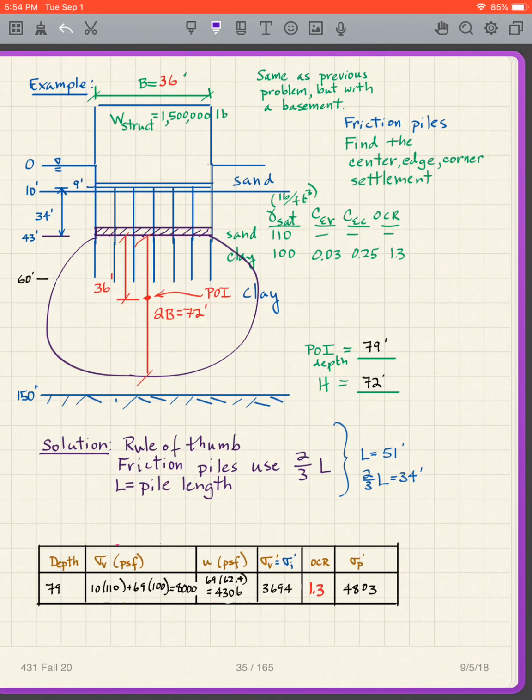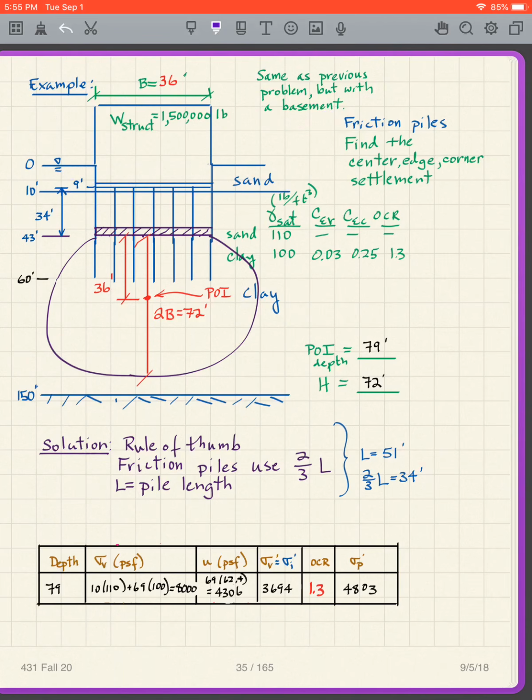Now, the way I want you to do this problem, like I say, when you're in practice, you've got to do something a little bit more precise in the sense that you take a lot of different points of interest. But using just one point of interest is actually informative. We're just going to use one because it gives us an intuitive feel for what the impact of the basement is on this design, and it gives us a feel for what soil is primarily getting stressed.